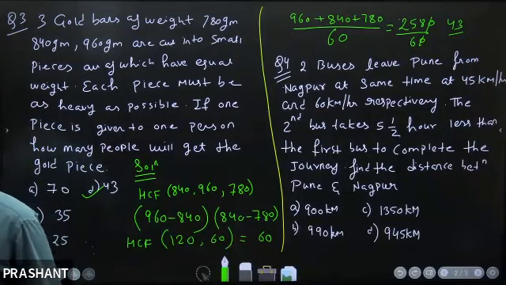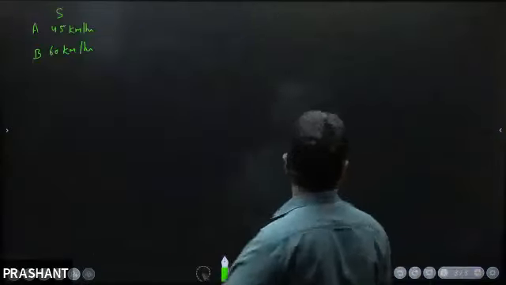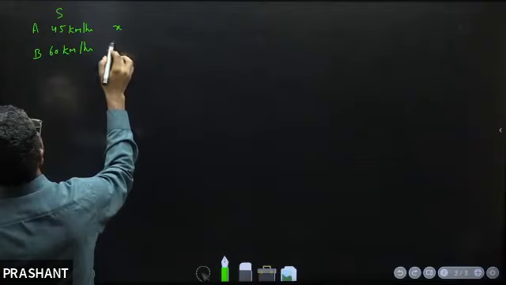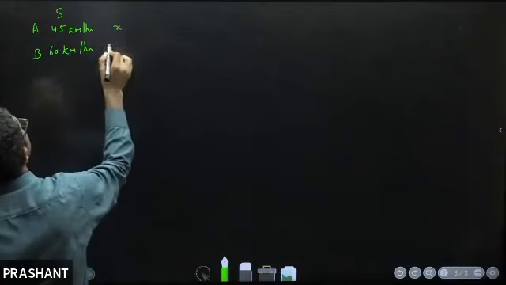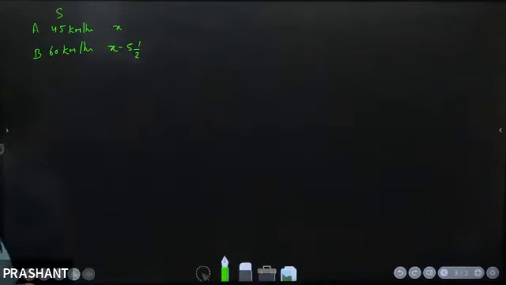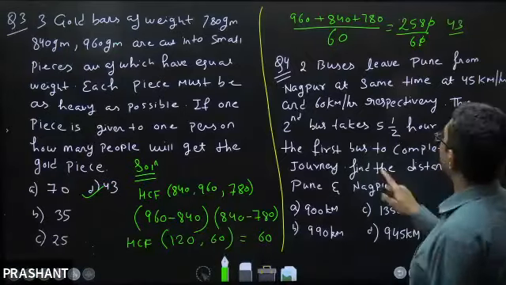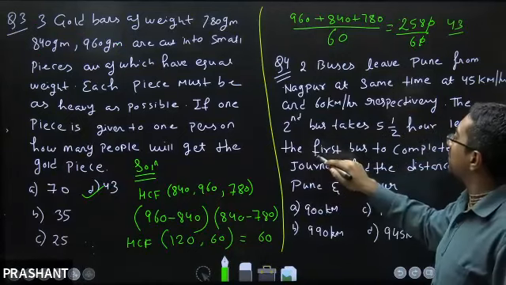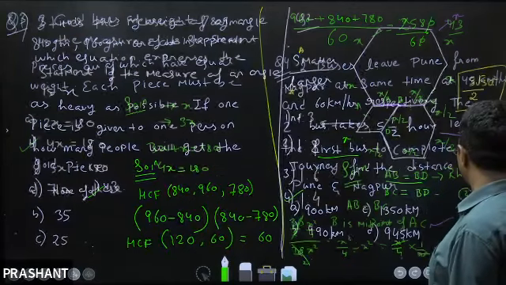Correct or wrong? समझ में आ गया? यही मतलब है ना क्वेश्चन का. What they are trying to say, the second bus takes 5.5 hours less than the first. If I am taking first bus का time is X, तो second bus का time कितना हो जाएगा?